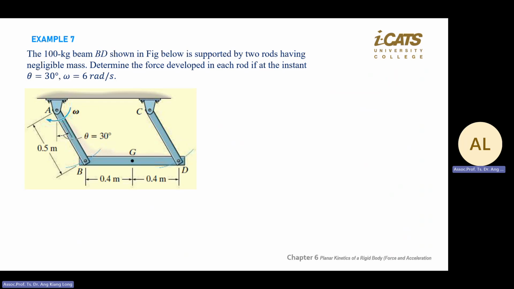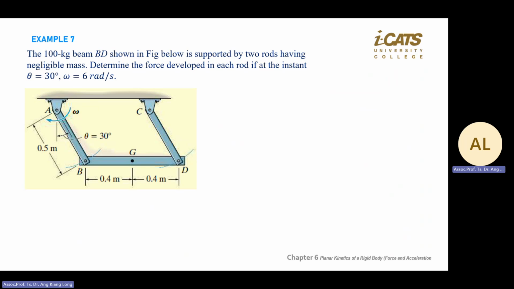Determine the force developed at each rod if at the instant the angle is 30 degree and omega, the rotational velocity, is 6 radian per second. This one rotates this way, so omega is negative, going into the screen, if you use vectors.